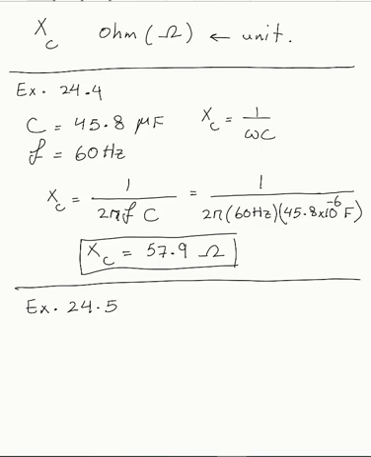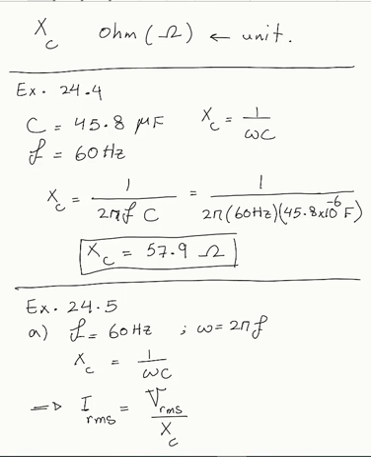Now let's take a look at exercise 24.5. It says suppose the capacitance in figure 24.7 is 6.25 microfarad and the RMS voltage of the generator is 120 volts. Find the RMS current in the circuit when the frequency of the generator is 60 hertz. So I can write that omega is 2 pi f, and I know that f is 60 hertz, and then I can find X_C to be 1 over omega C. This is very similar to the previous exercise.